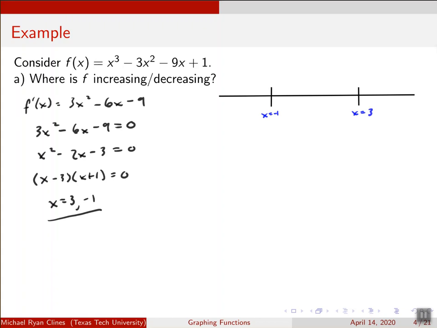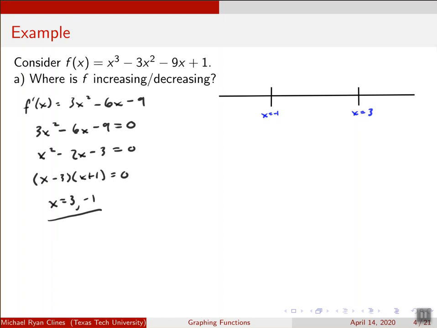So we know the derivative is equal to 0 at these points. We just calculated that. But these are the only places the derivative is equal to 0. That means everywhere else, the derivative must be positive or it must be negative.